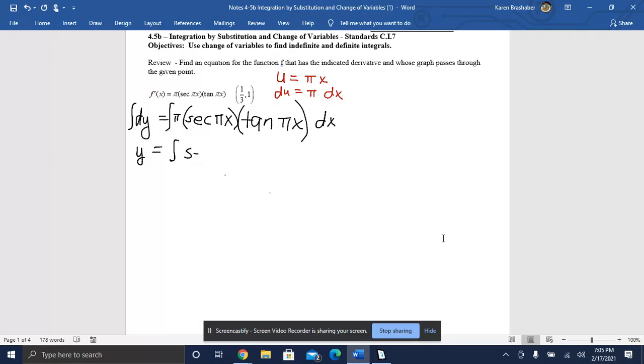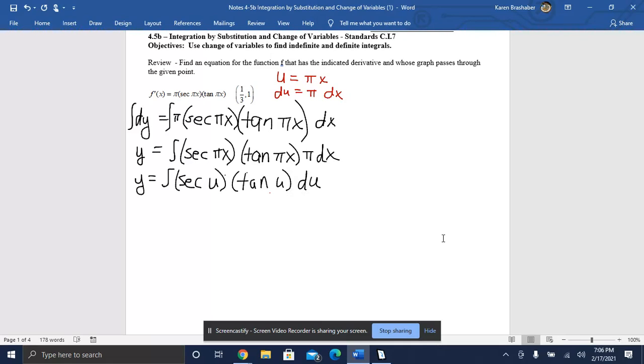So we have the secant of pi x and multiply that by the tangent of pi x. And then I'm going to move the pi to be beside dx. And we do have the du that we need. So I'm going to change this now to the secant of u times the tangent of u du, and we'll be ready then to integrate.